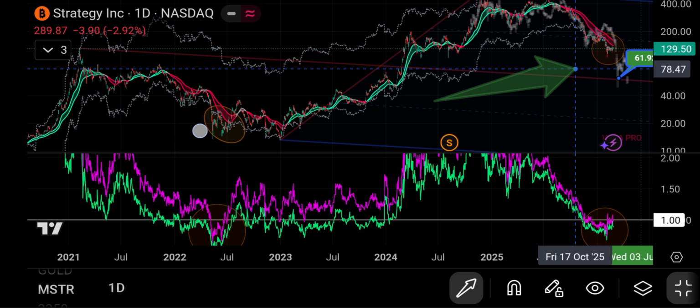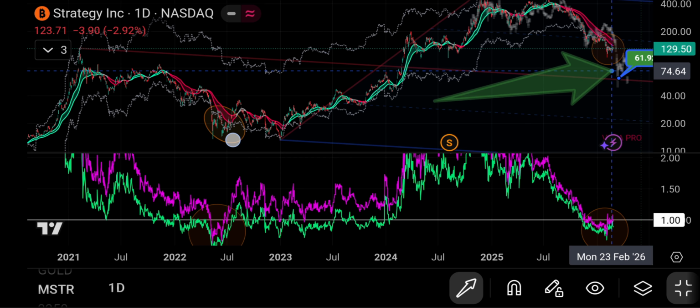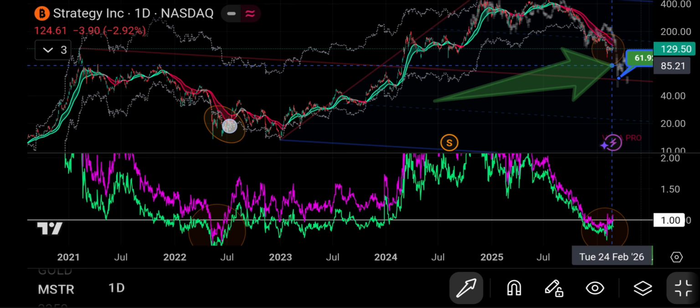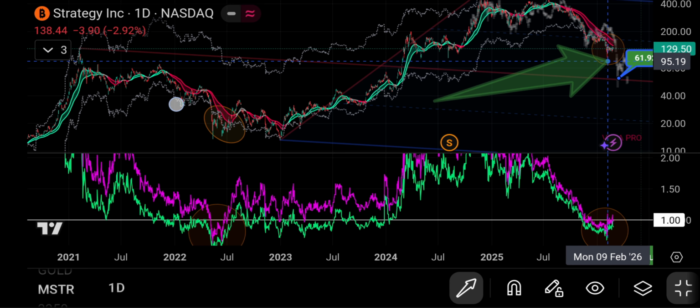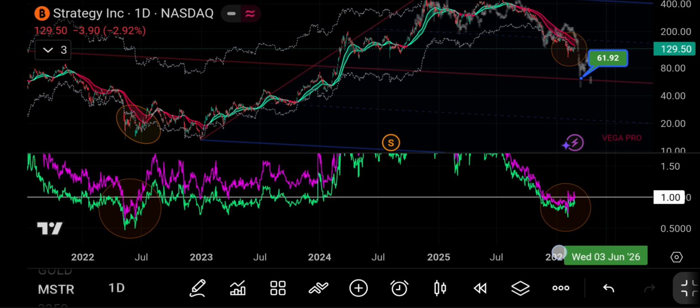Keep in mind that we have already reached a point that could be a potential market bottom. This could be the bear market bottom, but we haven't pulled the trigger yet because we are expecting a 50% decline to the $60 price target.